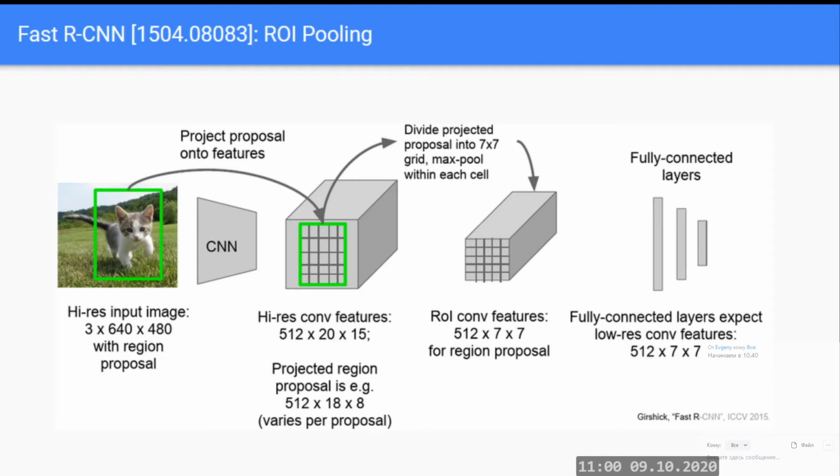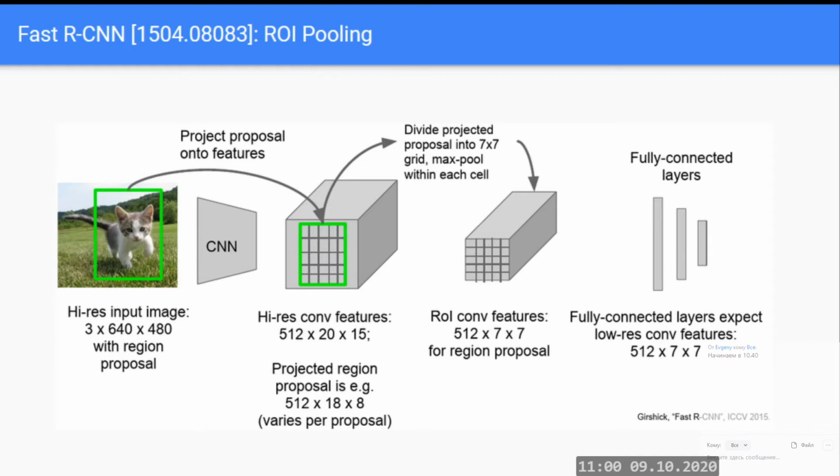But originally we took the classical approach to candidate proposals that took us several seconds, but it didn't matter because running the full convolutional neural networks thousands of times cost us more, so we didn't care about getting the regions for several seconds.